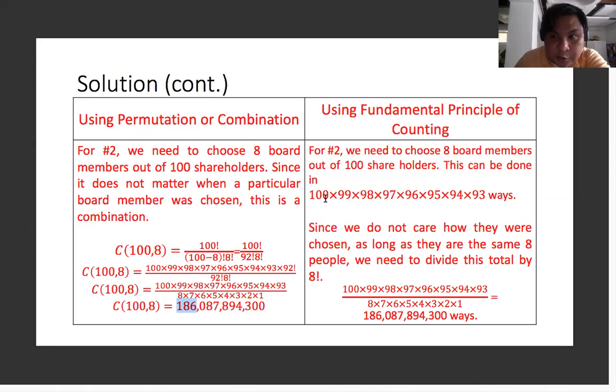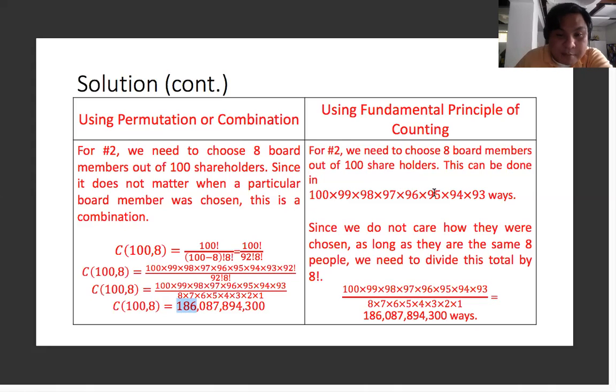So for the first board member, we have 100 possible choices. For the next board member, we only have 99 because we've already chosen one for the first board member. Although the position is not important, what's important is there are 99 people left to choose from for the second board member. And this goes all the way down to 93.